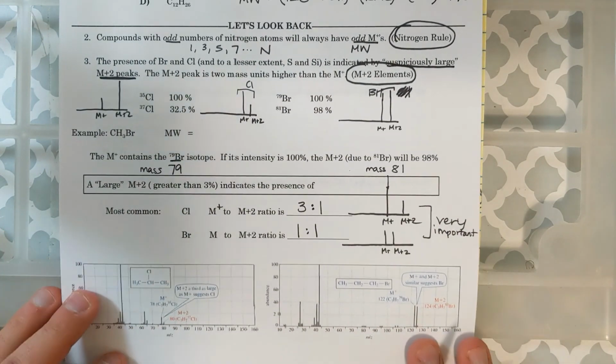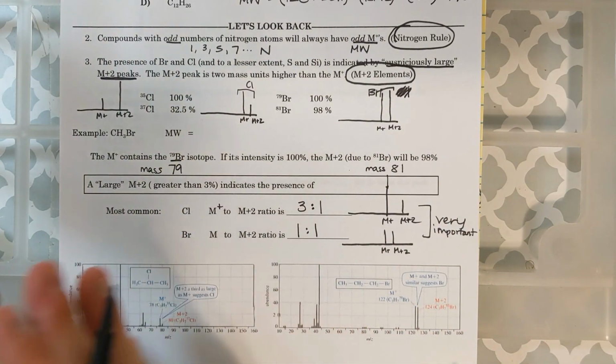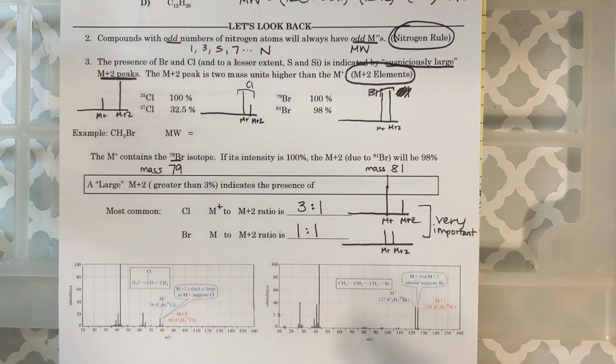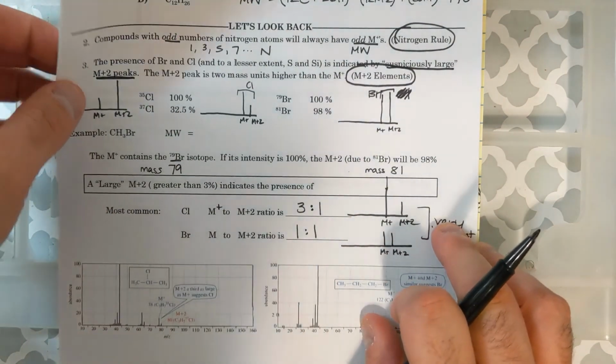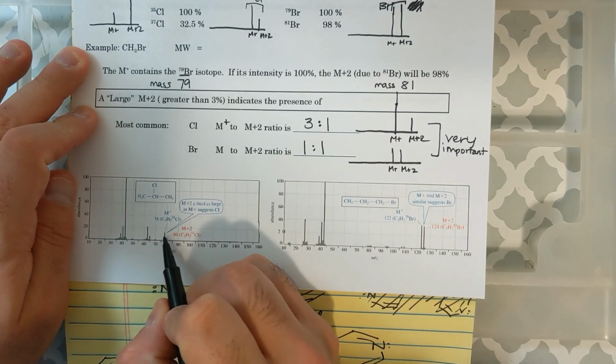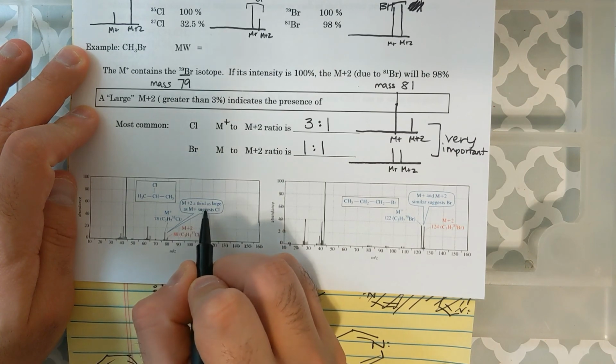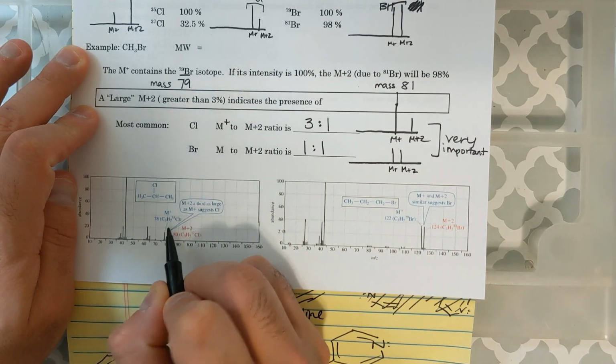Okay? So here are two examples of mass spectra. Again, we haven't really talked too much about what goes on in the mass spectra. But if I look over here, I have an M plus and an M plus 2 peak. M plus 2 is a third as large as the M plus peak.